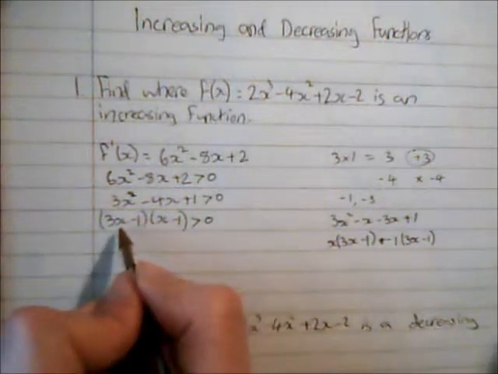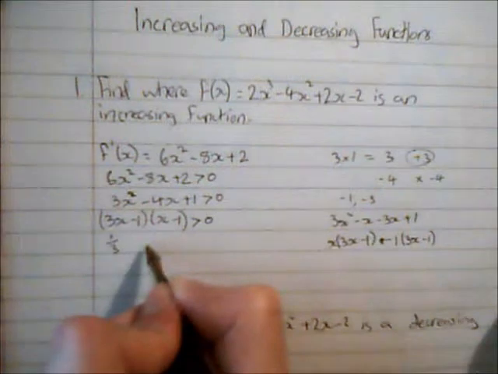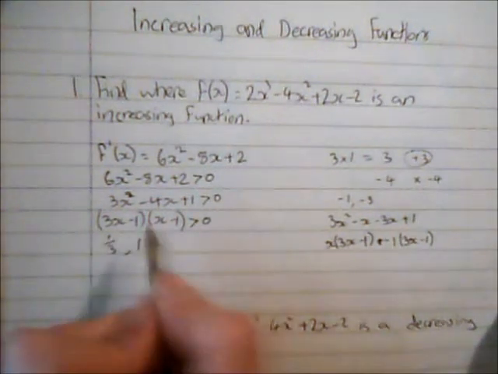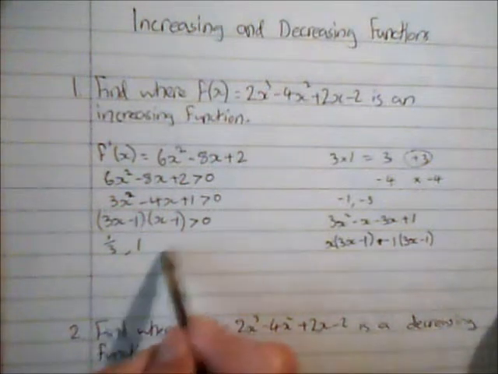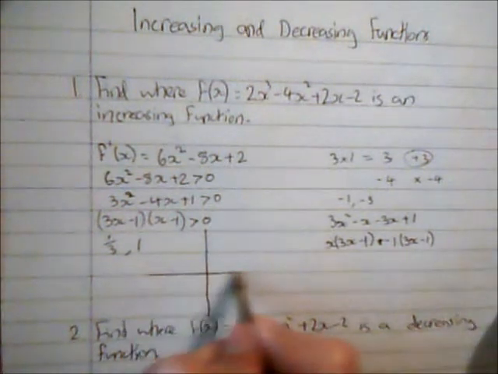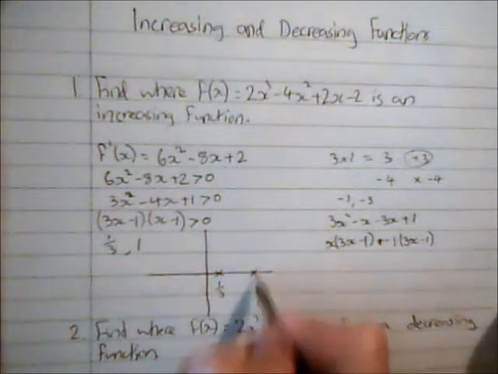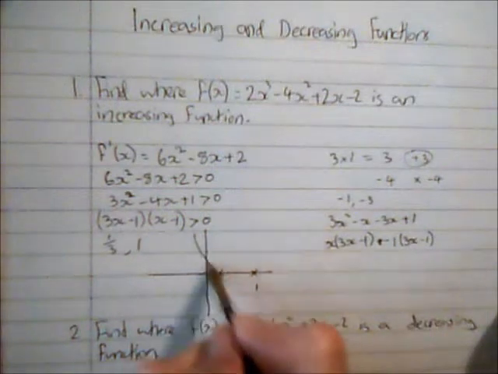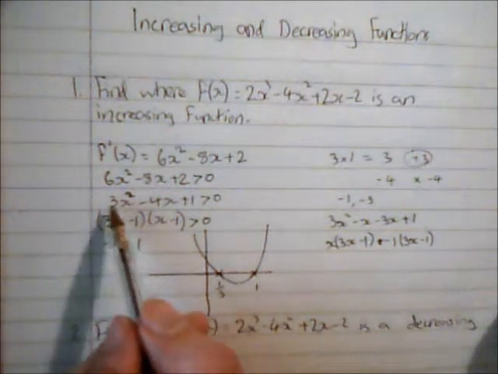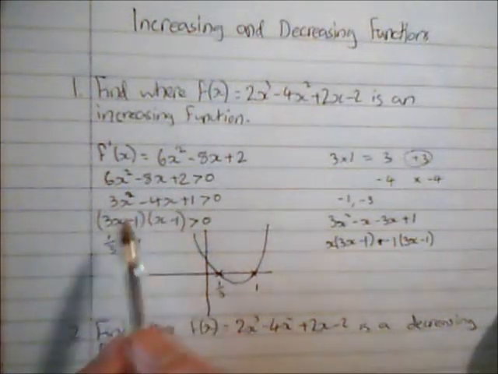So then I'm going to find my critical values here, which are going to occur at x is a third and x is 1. So that's making either of these two brackets 0, and then I'm going to do a sketch. So at a third and at 1, and this is a sketch of the gradient function, so of 3x squared minus 4x plus 1.